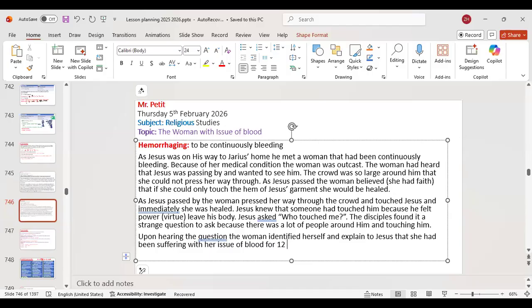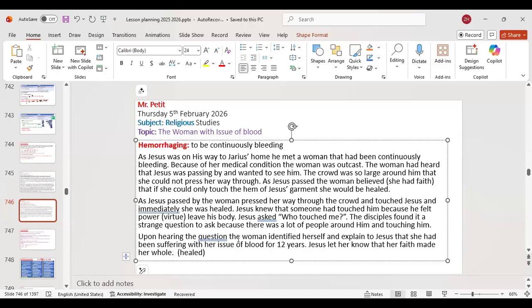For 12 years. Jesus let her know that what? That her faith led her right, and she was now healed. Very good. Her faith made her whole, or we could say healed.